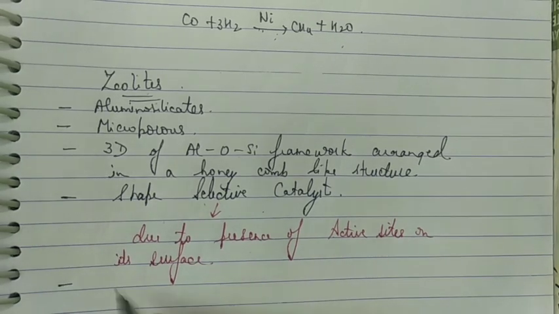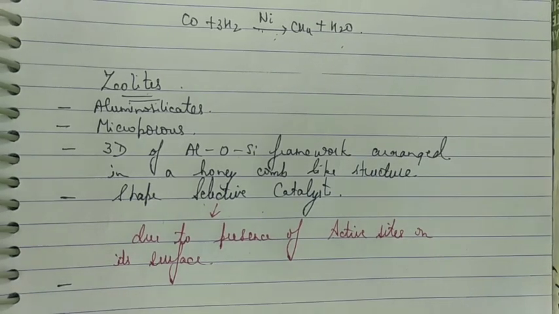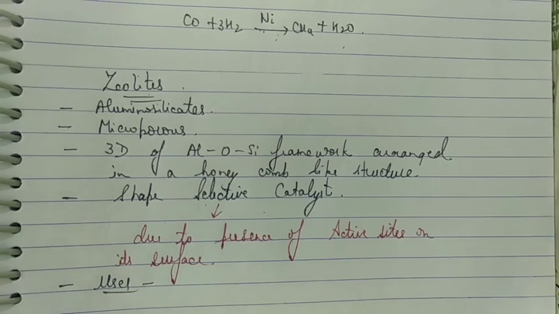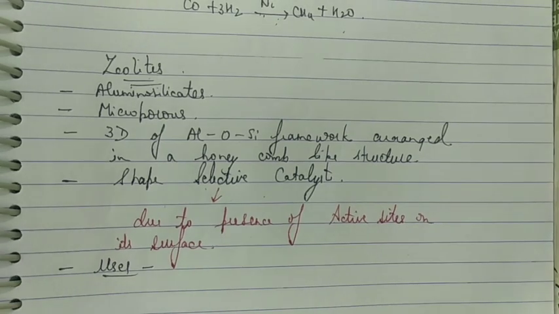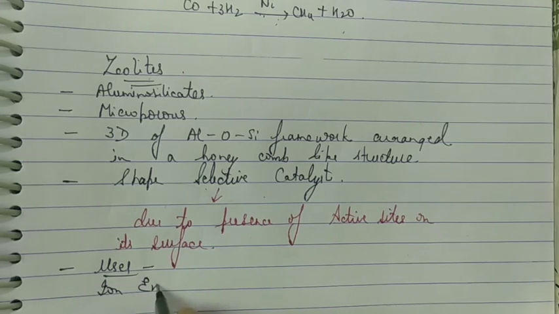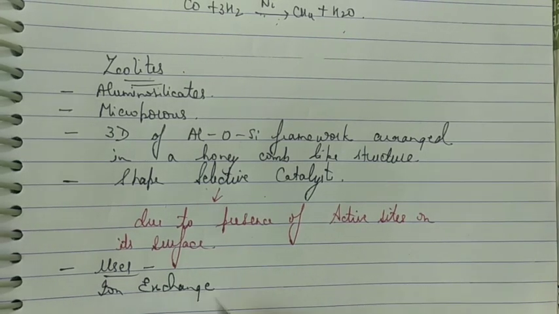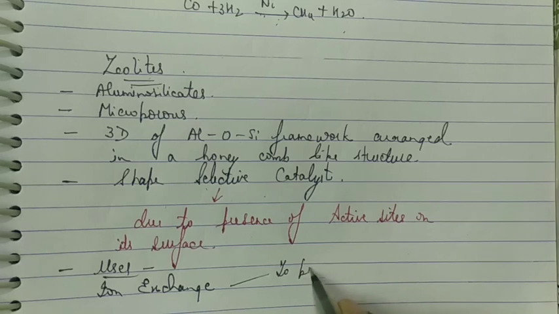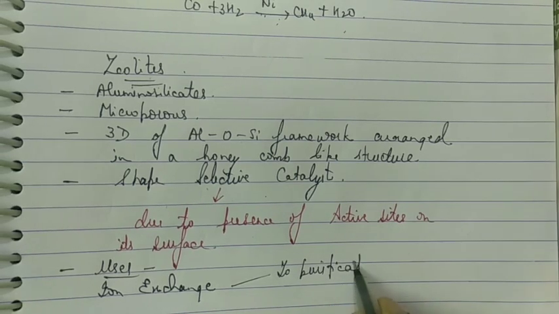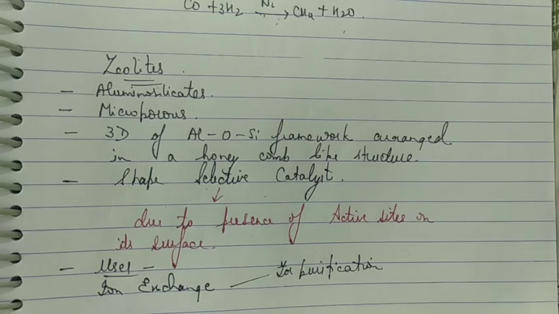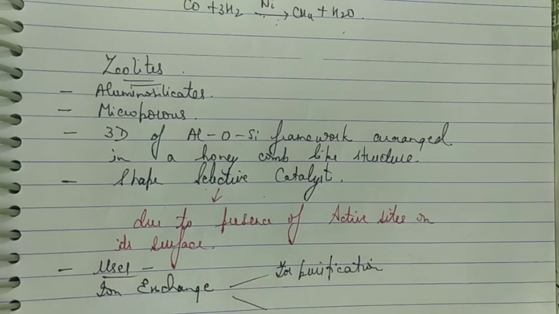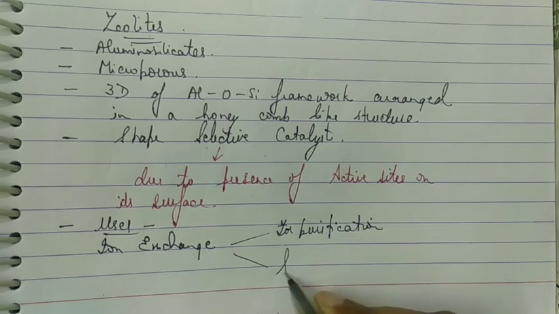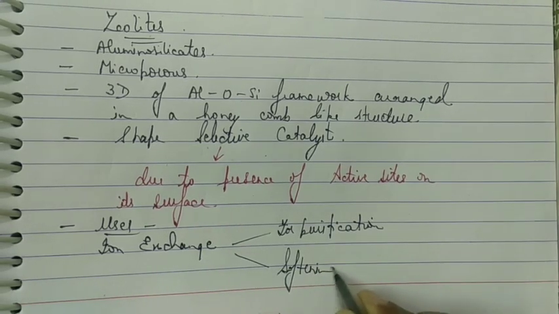These zeolites, in class 11th you have studied about resin ion exchanger. In that resin ion exchanger, zeolite is used as a catalyst for two purposes. First one, for the purpose of purification, and another one for the softening of water.